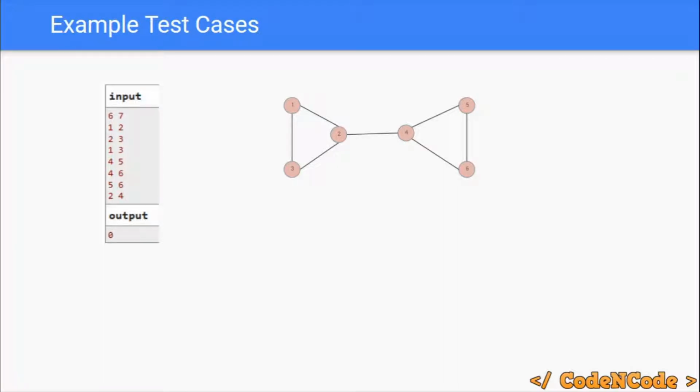We want the graph to be connected still, or we want each node to reach every other node even after orientation. But this is not possible in this case, and hence the answer is 0. Otherwise we would have printed the orientation of the edges. If I had oriented this edge from 4 to 2, then I'd print 4 2.